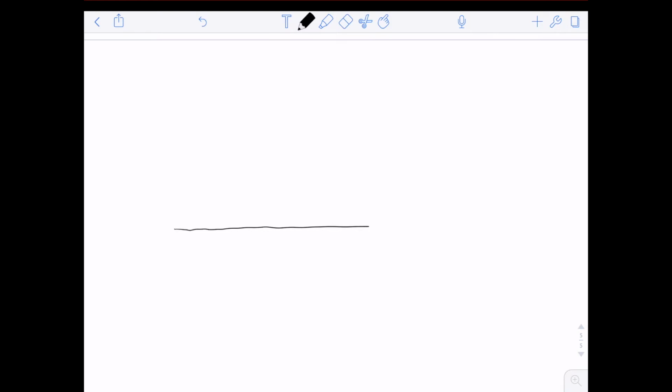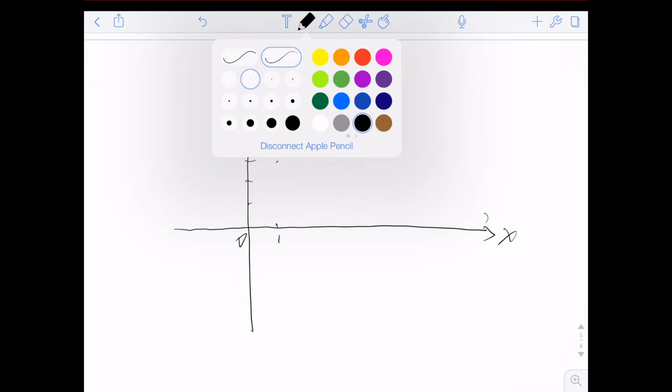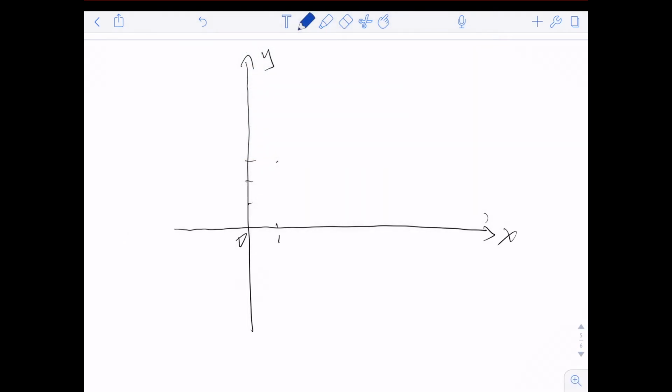So I draw my x-axis and my y-axis, and 0. I label this 1, and my point is 3. So here's a point, this is my minimum turning point, 1 and 3.